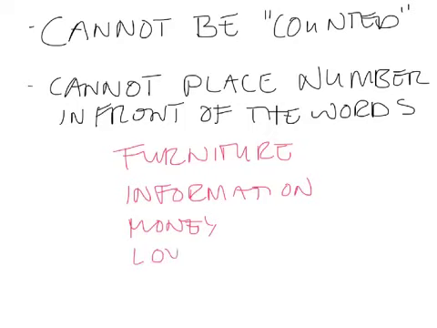Love. Knowledge. All of these are uncountable, which means that we don't count them, essentially saying that we do not place numbers in front of them. So you don't say a furniture or an information or two monies.